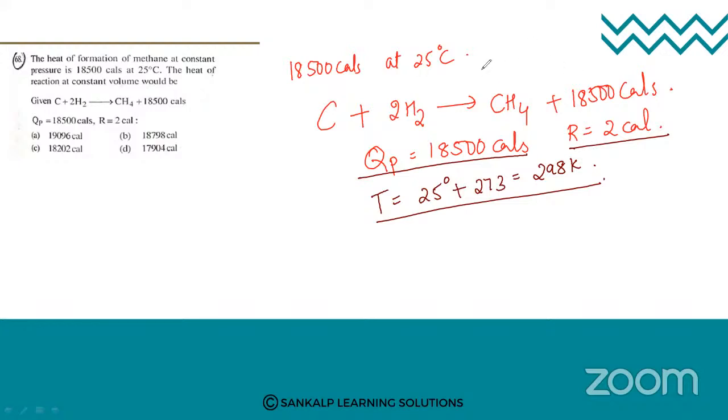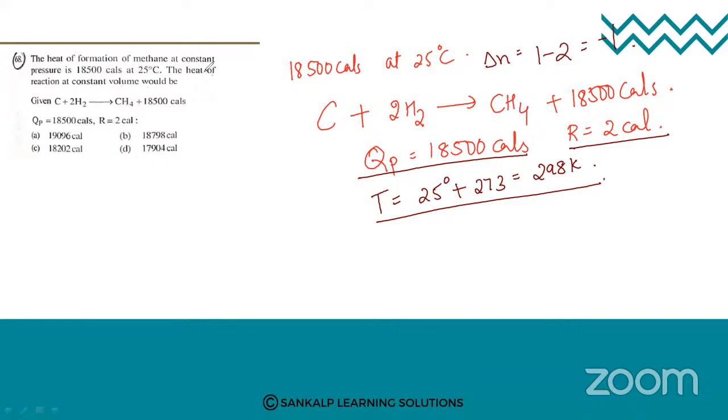Then change in number of moles: the heat of formation of methane at constant pressure is this, so the change in number of moles is 1 minus 2, which is equal to minus 1.